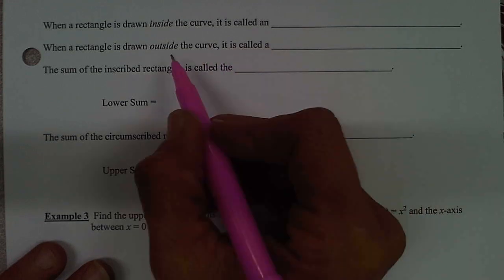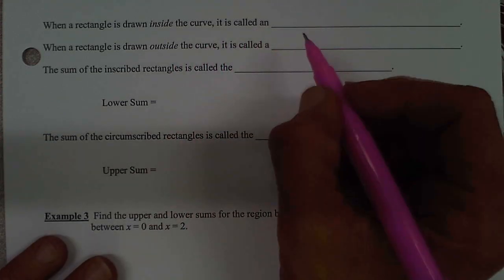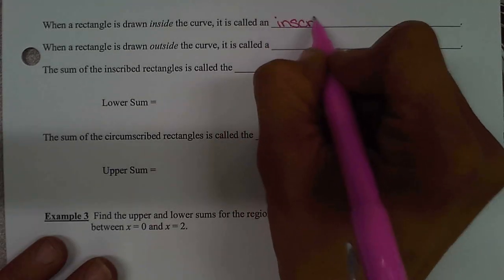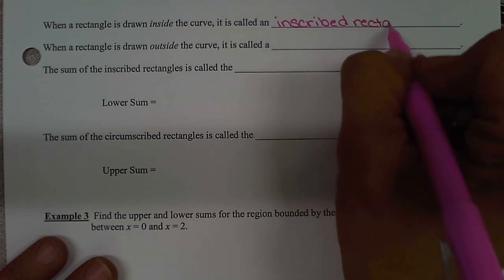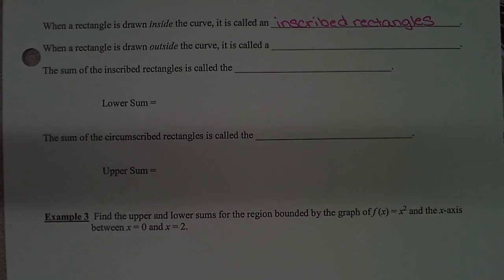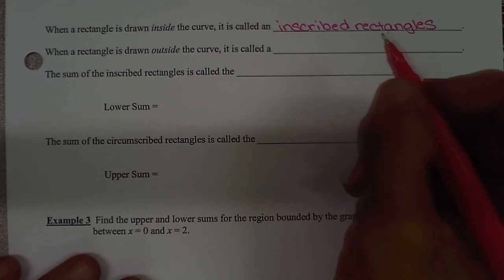So on these, whenever you're dealing with rectangles that are inside of the curve, those things are called inscribed rectangles, because they sit on the inside. Whenever you've got your rectangles and they're sitting on the outside of the curve, those things are called circumscribed rectangles.